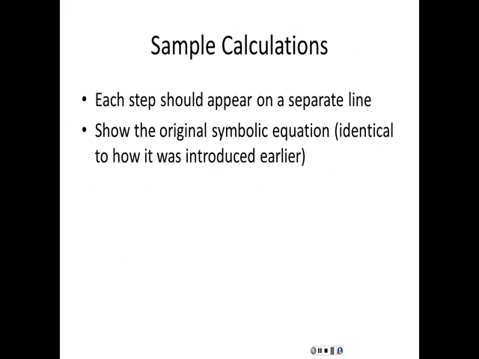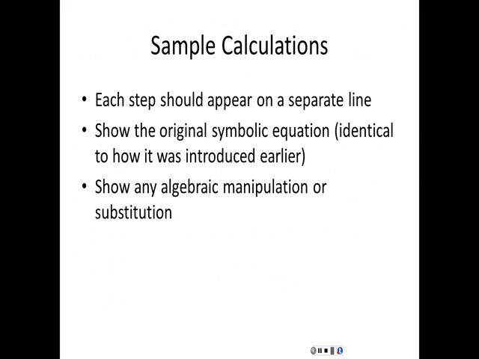The first line should be the original symbolic equation, precisely as it was introduced earlier. Use a separate line to show any algebraic manipulation that you need to do or substitution of data or other algebraic combination of different equations.